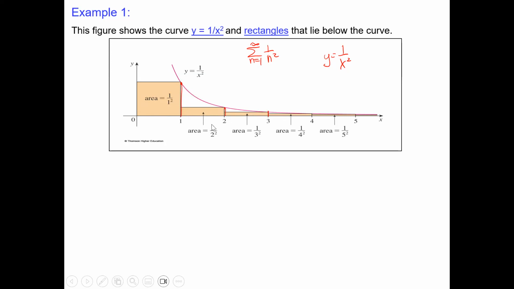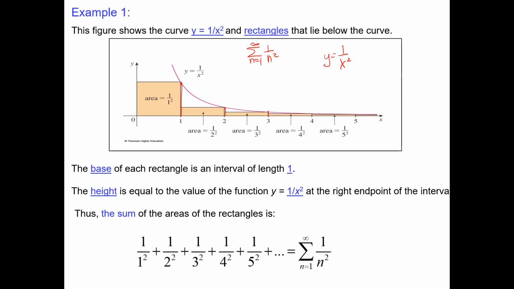We don't have to multiply by 1, of course, we're not changing anything. That means these values are the areas. When we add these areas, that's our summation, that's our infinite series.